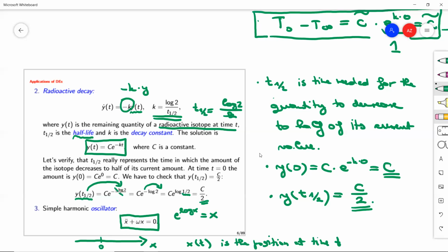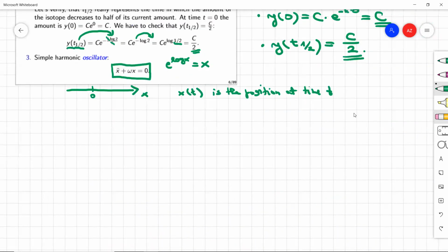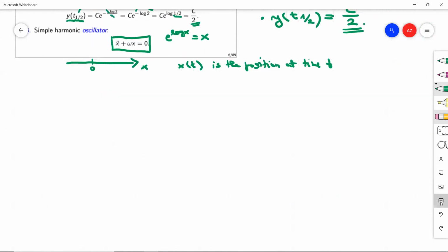Okay, these were a few examples. We will see even more examples in the process of studying the solving of differential equations, but this is only for the beginning. So let's only repeat what we've said a few times by now.